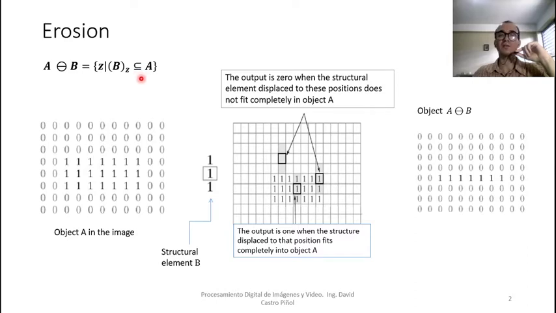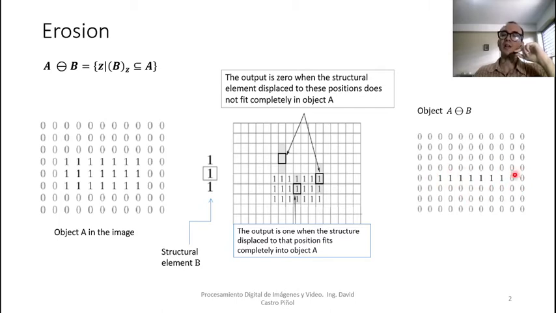Finally, when the structural element is completely inside the object A, the output is 1, exactly when the structural element displaced to that position fits completely into the object A. So the output of the erosion is what we are seeing here.